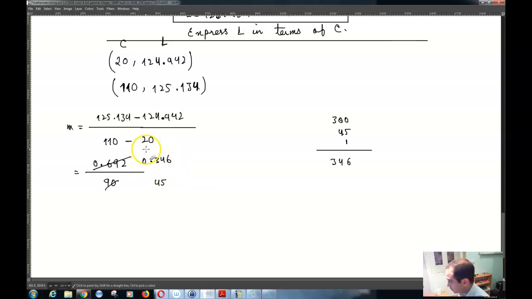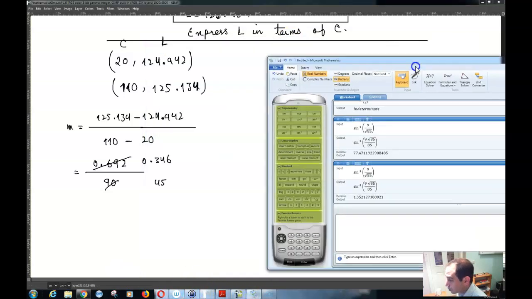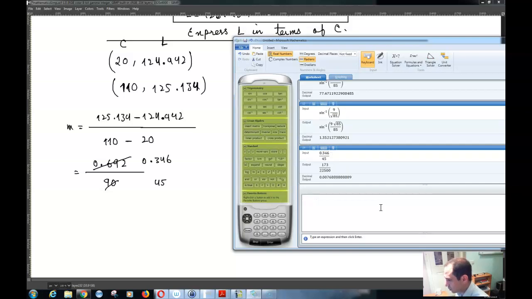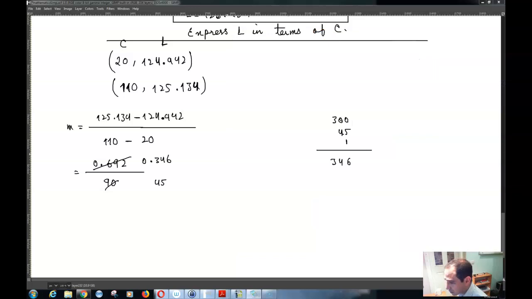I don't think there is any way to simplify this any further. The calculator has multiplied the numerator and denominator by a factor of 1,000, but let's keep it as it is.